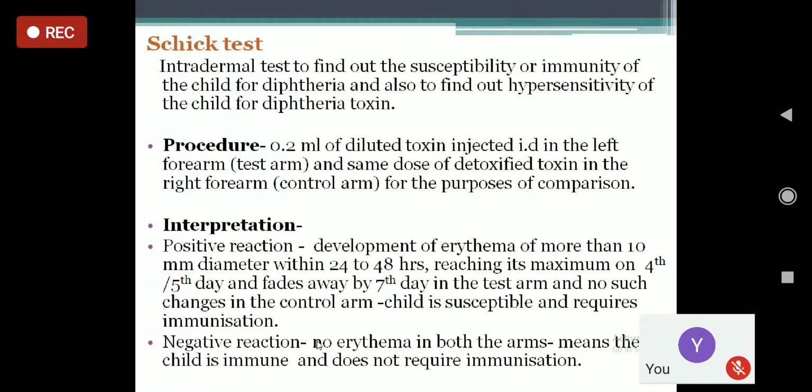The child can acquire diphtheria disease, so the child is vulnerable. Now you have to give the immunization. Negative means there is no development of erythema in both arms, which means the child is immune and doesn't require immunization. But here we don't do the Schick test. We just vaccinate all the infants as per the government rule.